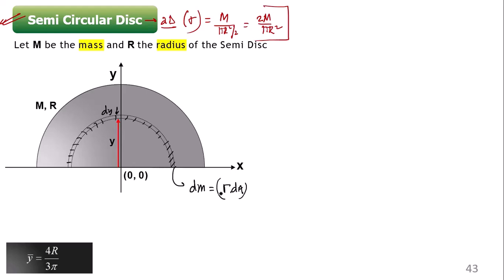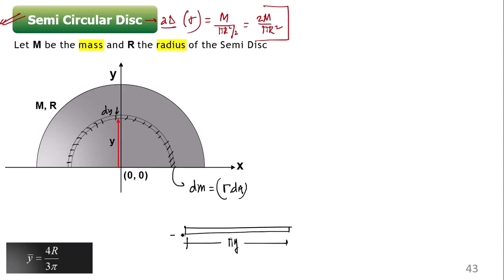Now what is the area? The circumference is pi into y, so the area is pi y into dy. Why? Because if you open this ring and straighten it, this is the circumference. The circumference is the semi-perimeter, that is pi into y, since 2 pi r divided by 2 means pi r.